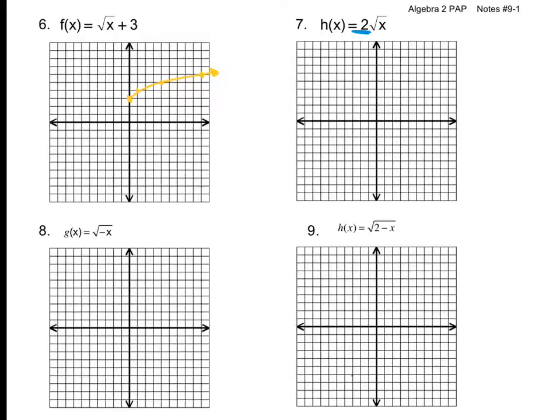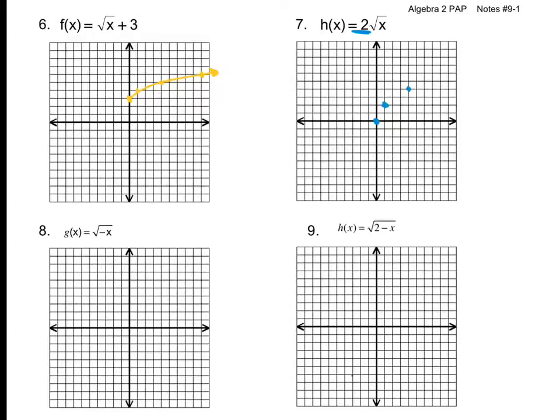There's no left or right shift or up or down, so our starting point is the origin. But instead of going 1 right and 1 up, now we're going to go 1 right and 2 up. It increases 2 times faster than it did before. And instead of going 4 to the right from our starting point and up 2, now we're going to go up 2 times 2, or 4.